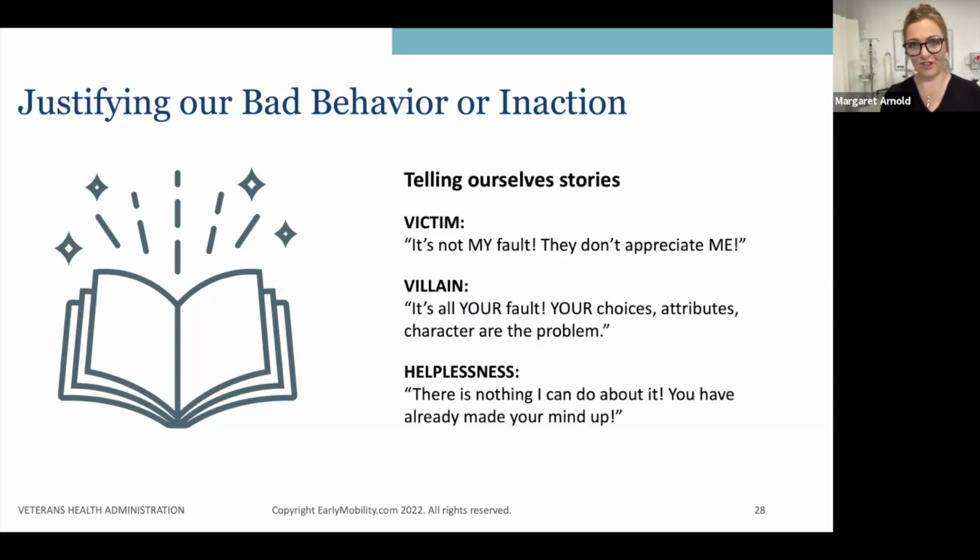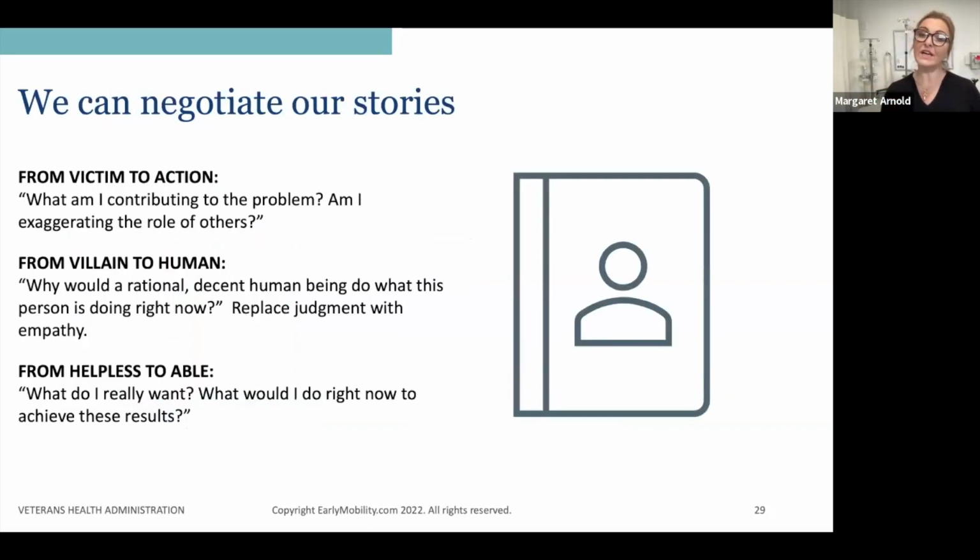Knowing your story and understanding that other people tell their own stories can help you be a more effective communicator. We can negotiate our stories from victim to action. What am I contributing to the problem? Am I exaggerating the role of others? Or should I own a little more of this than what I've been previously prepared to admit?